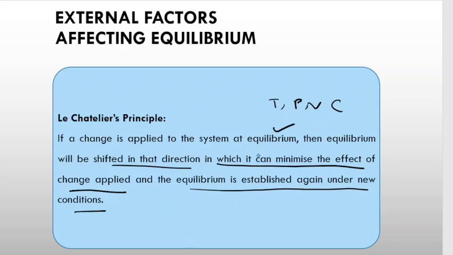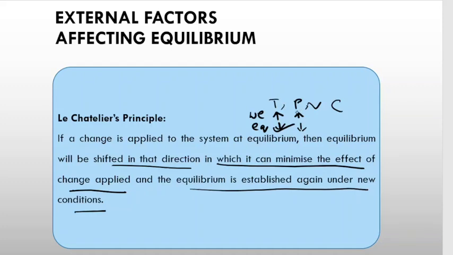That means if we increase the temperature, then the equilibrium will shift in the direction of decreasing temperature. If we increase the pressure, the equilibrium will shift in the direction in which the pressure decreases, to nullify the effect so that it gets the equilibrium back.